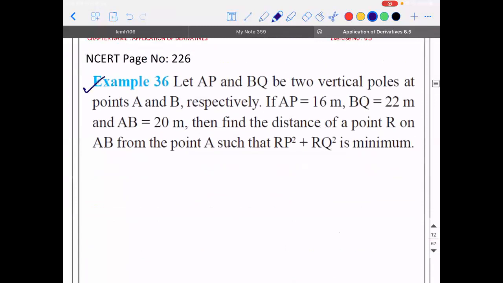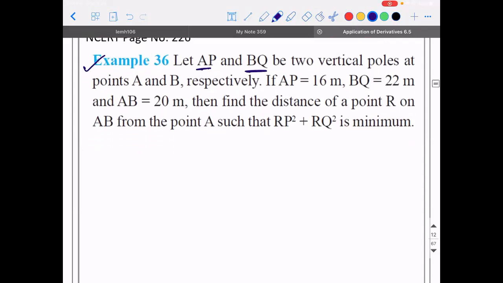Okay, example 36. Let AP and BQ be two vertical poles at points A and B respectively. AP is 16 meter and BQ is 22 meter.